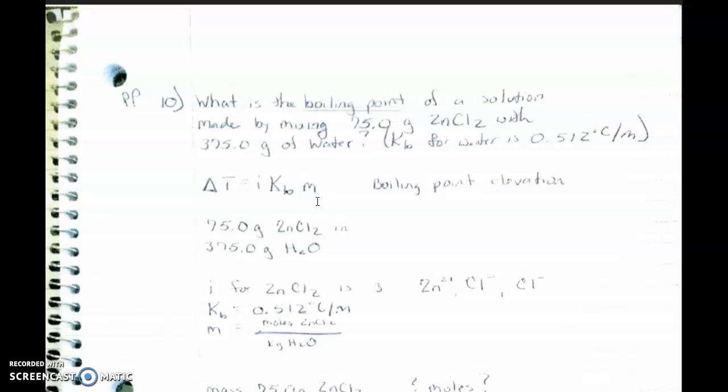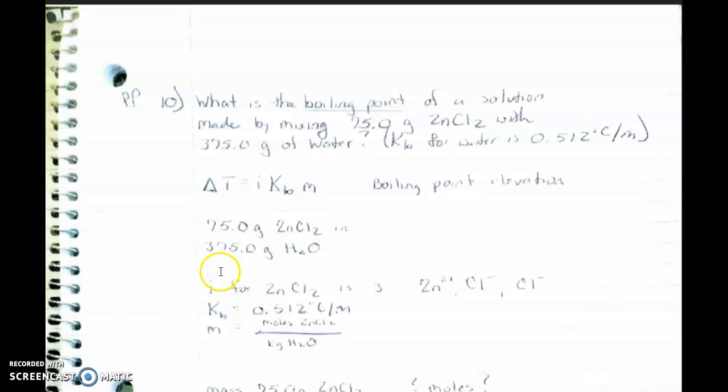Okay, so the mass of the solvent. And so when we look at what we know here, we're only given two other pieces of information, and that is that we know the mass of zinc chloride. Well, if we need to know the molality, we need to know how many moles of zinc chloride we have, right? And then we also need to convert the water from grams to kilograms.